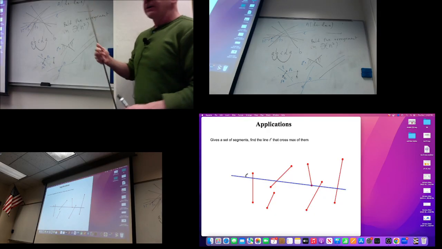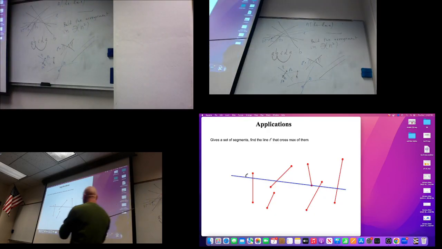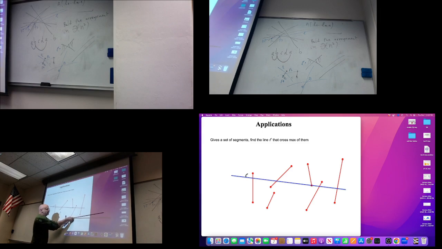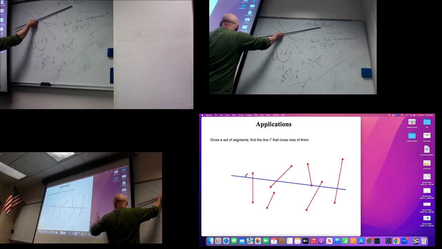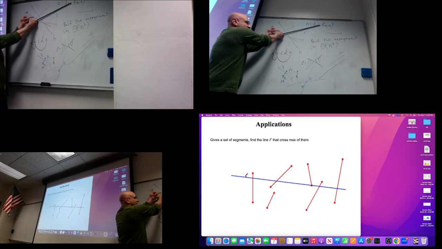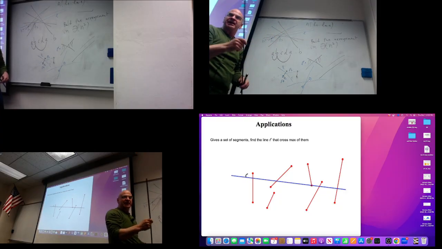To build the visibility graph, I want to know for every endpoint what other endpoints I see and what is the order between them. So in the dual world, it would be: go on the line which is dual to this endpoint and ask in which order you meet these other points.